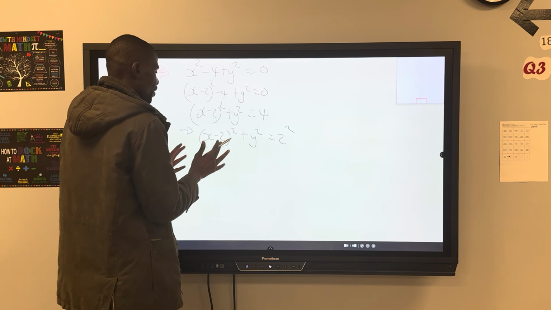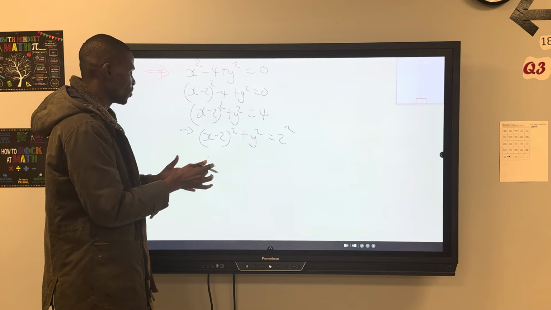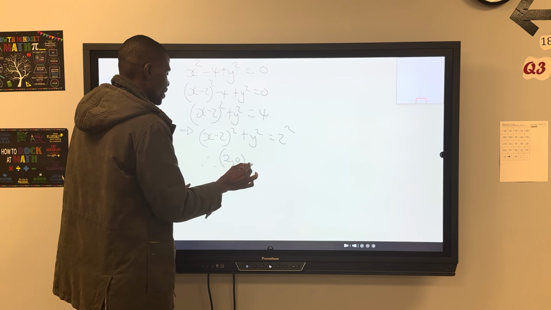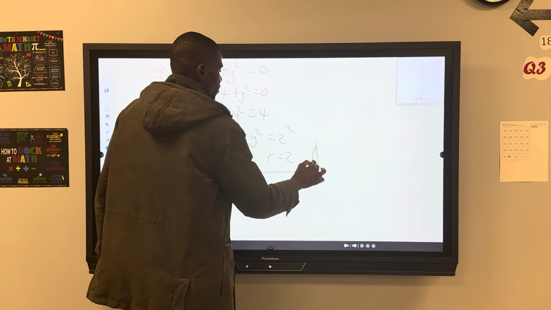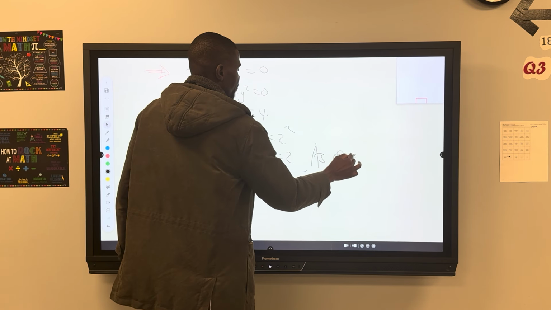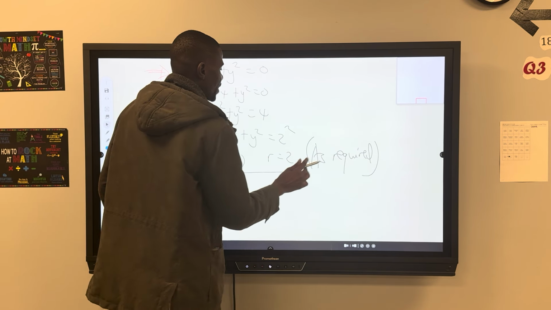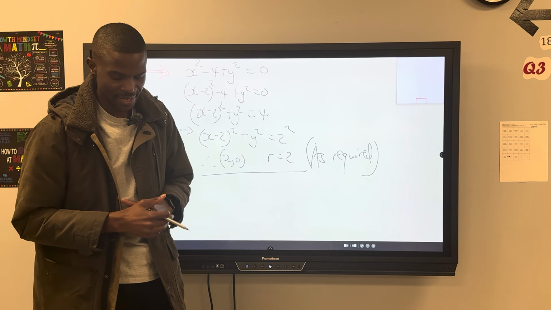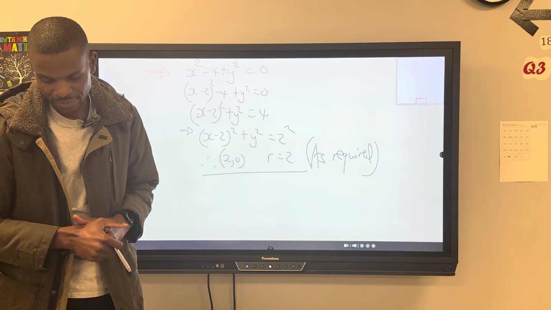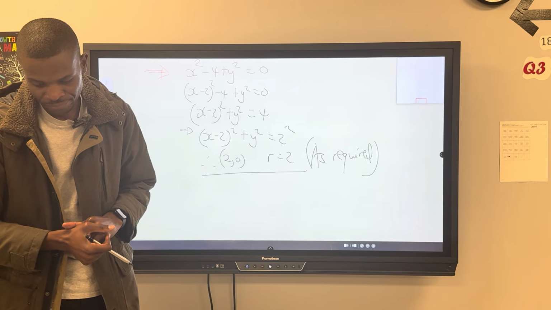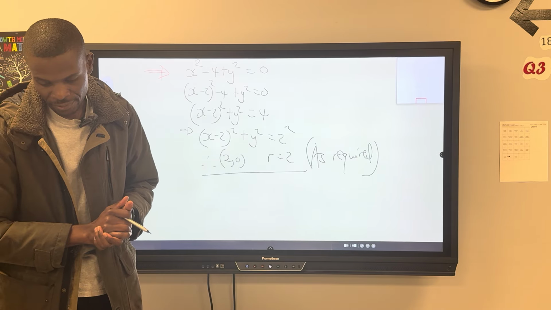So therefore, this represents the equation of the circle with center 2, 0, and radius equal to 2. So we have shown what is needed. It was very, very easy. If you know your calculations very well, we're not going to spend much time there.